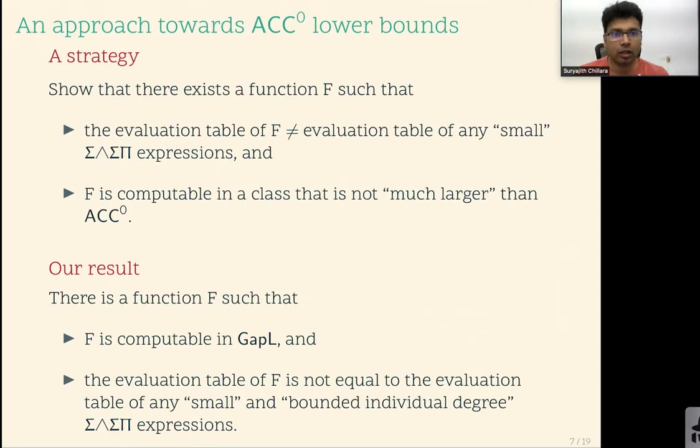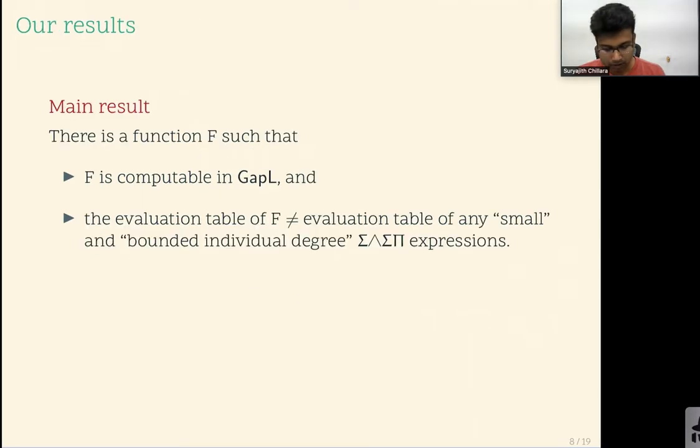A multilinear polynomial, for example, has bounded individual degree 1. I repeat, we show that there exists a function f which is computable in GapL such that its evaluation table is not equal to the evaluation tables of polynomials that are output by sigma power sigma pi expressions of small size.